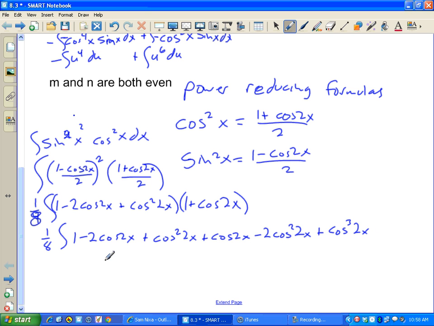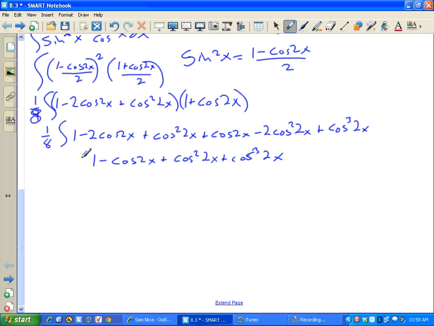Combine like terms: 1 minus cosine 2x plus cosine squared 2x plus cosine cubed 2x.